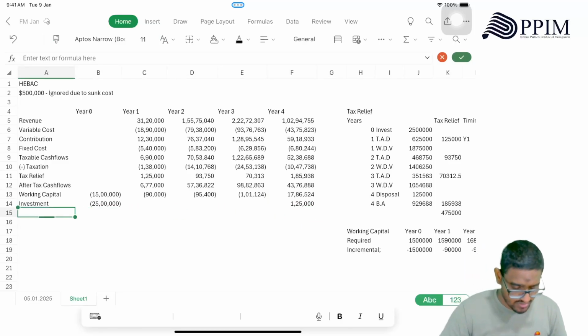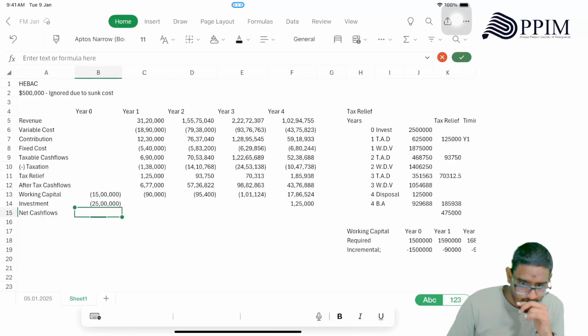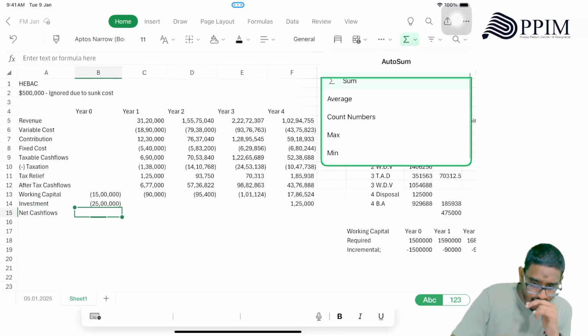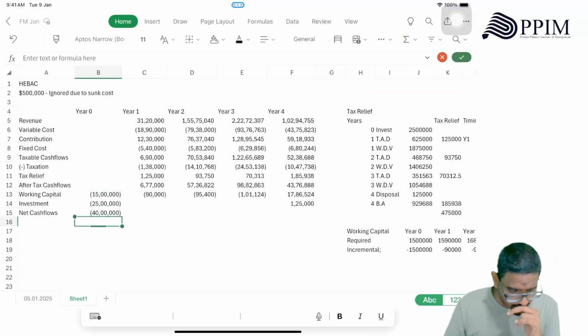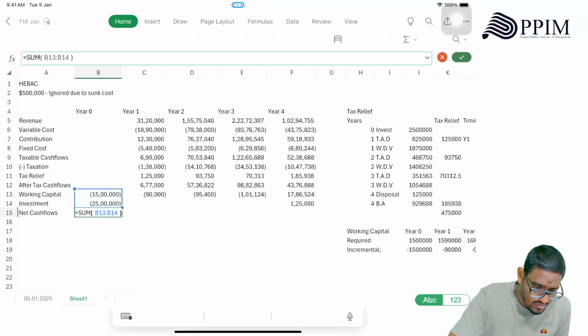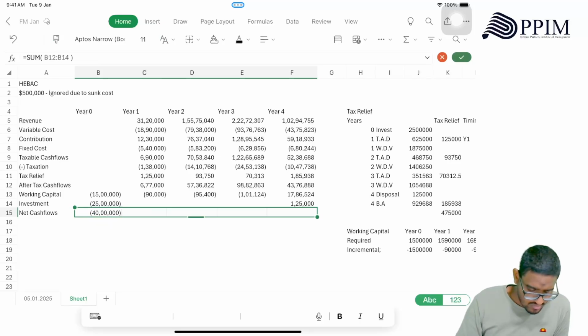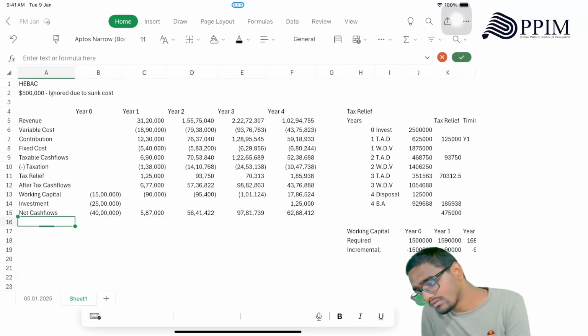So your net cash flows. This should be your net cash flows, right?